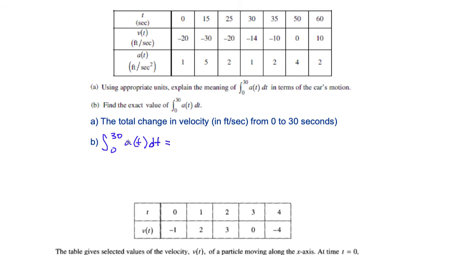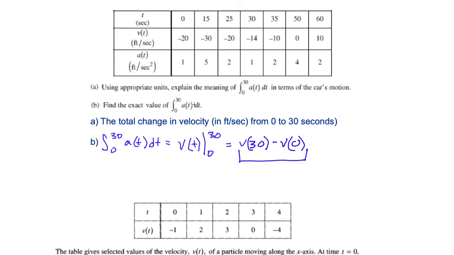Integral of acceleration is velocity, so I have velocity now with respect to t, and evaluation bar because it's a definite integral between 0 and 30. Okay, when I have evaluation bar, I plug in the top, or the upper bound, so it's going to be v of 30, ooh, that's a bad 3, v of 30 minus v of 0. And you could have jumped straight here if you memorized kind of the formula.